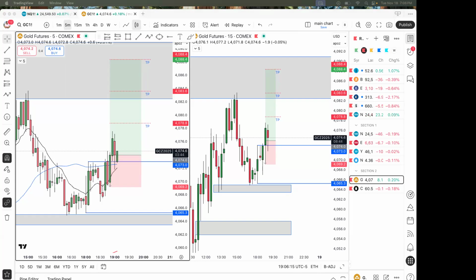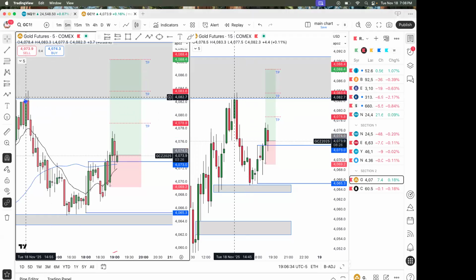Hey yo, I got a quick question. What is the difference between ICC and supply and demand? Well, supply and demand, we already know how to play your supply and demand zones. ICC prints a manipulation first.